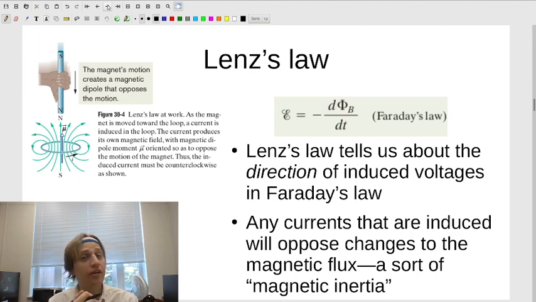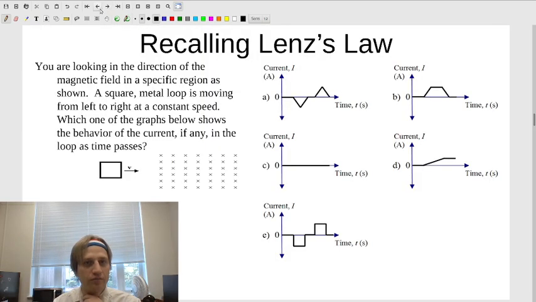The desire of a thermostat is to keep the temperature the same, and the desire of a loop of wire like this is to keep the magnetic flux in its belly the same. And so when that magnetic flux is increasing, it will provide an induced magnetic field that will oppose that change. And so this tells us about the direction of the magnetic field that's induced.